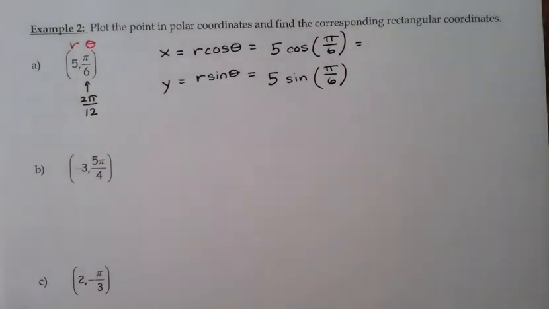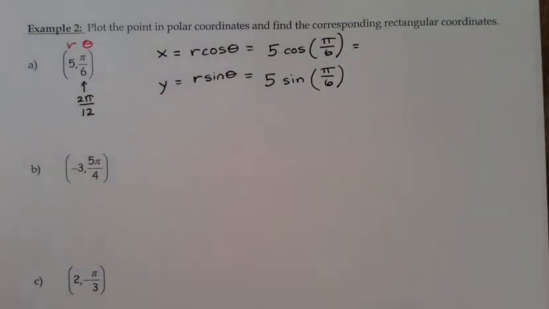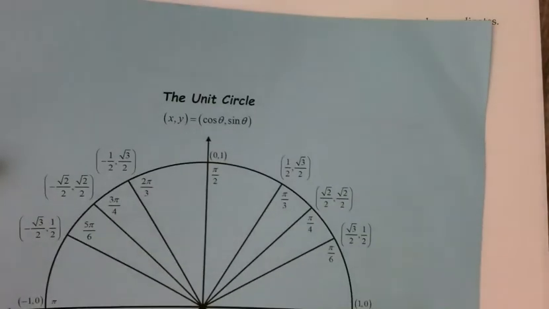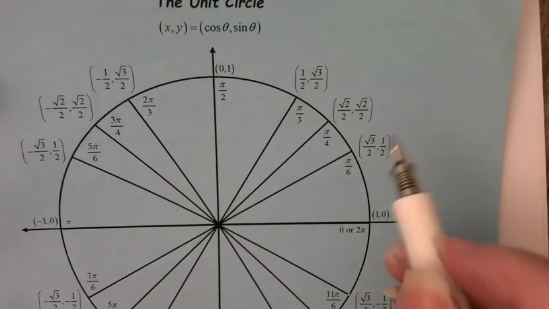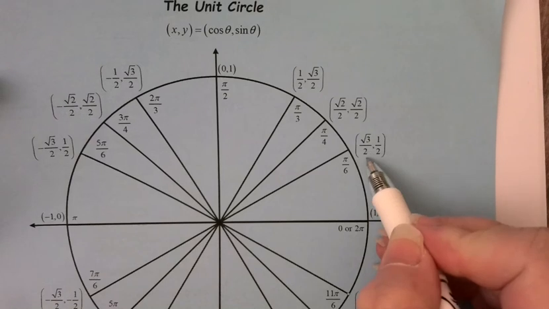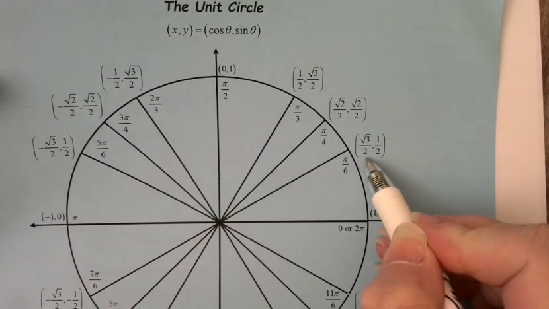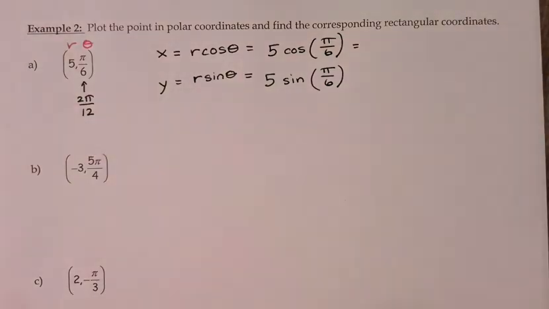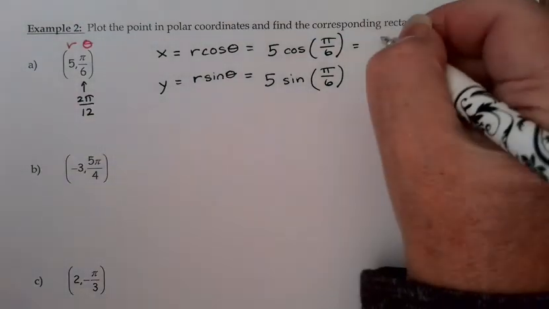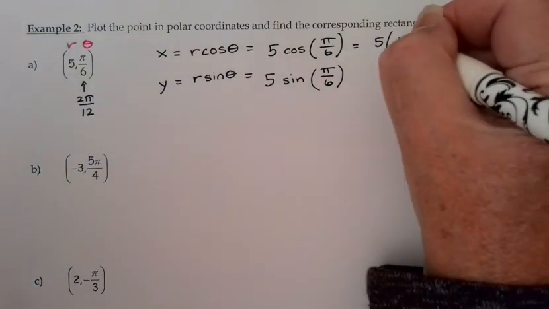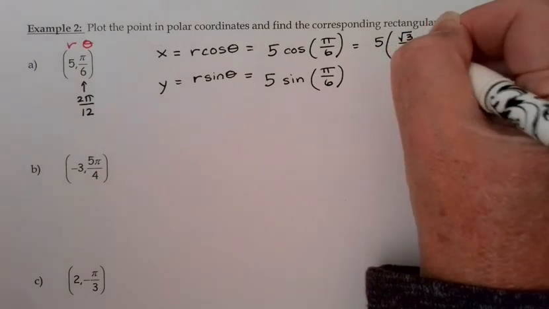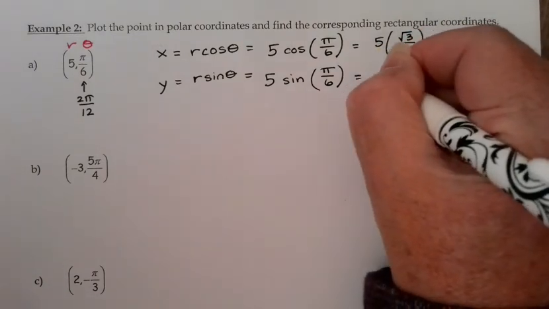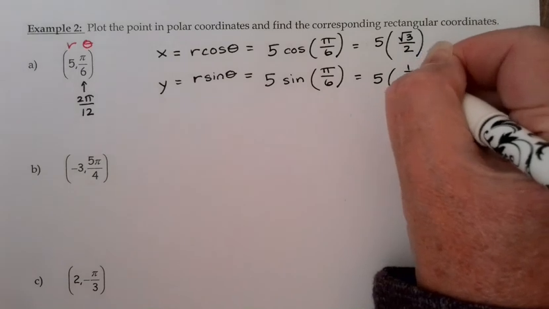And by the way, just wanted to mention, you may know these really well, which is great. If not, here's a unit circle, right? We can always look them up. For pi sixths, cosine is the square root of 3 over 2, and sine is 1/2. So cosine was square root 3 over 2. Sine was 1/2.